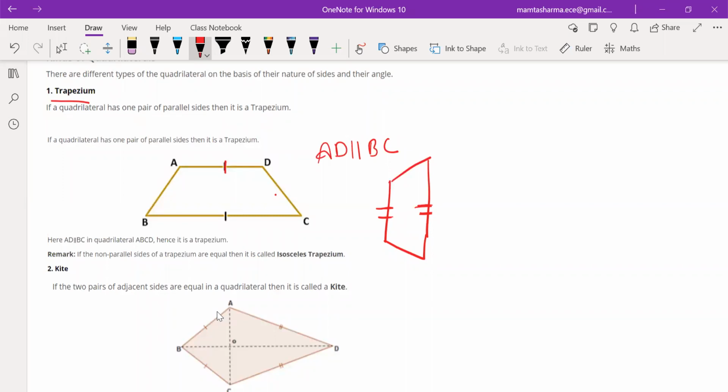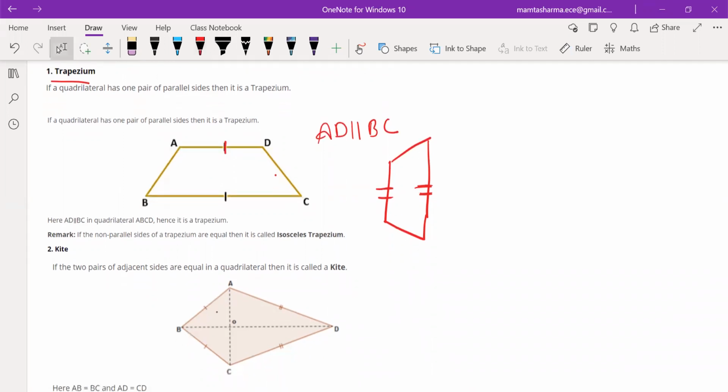Ma'am, can we also put it like BC and AB are parallel? No. AB and BC are not parallel. If they were parallel, then this would not be a trapezium. That will be a parallelogram.